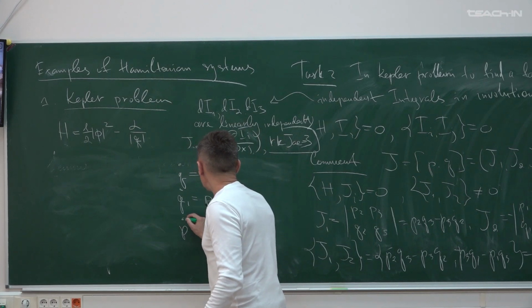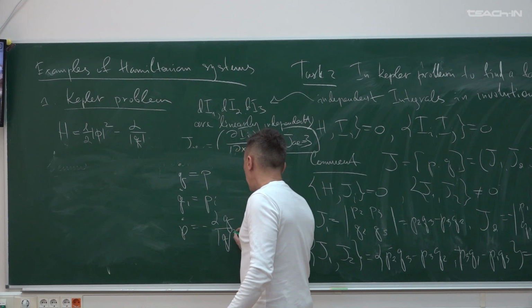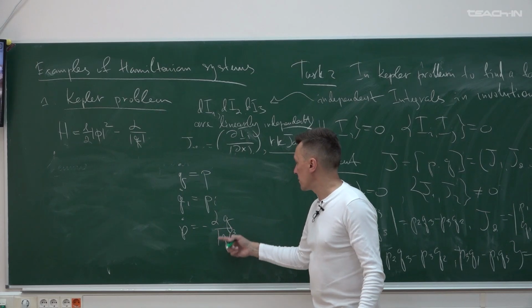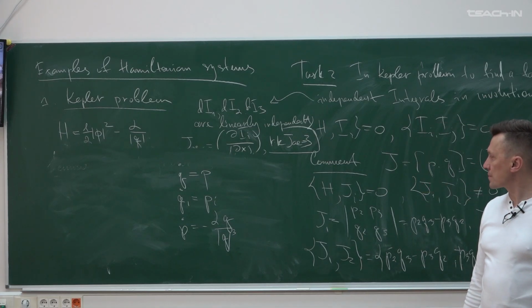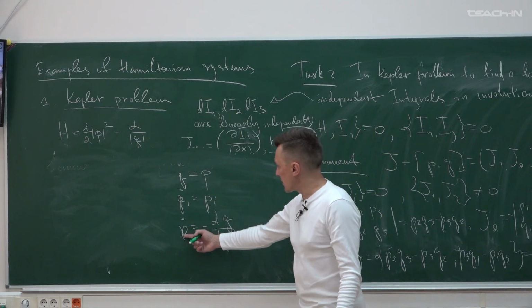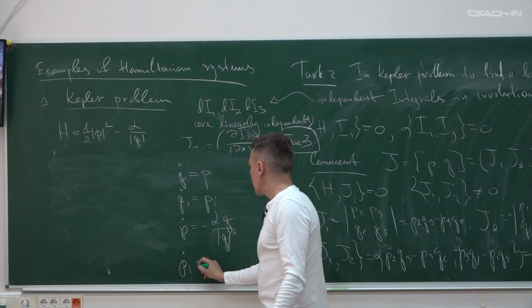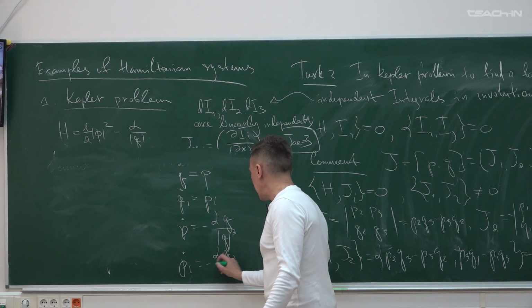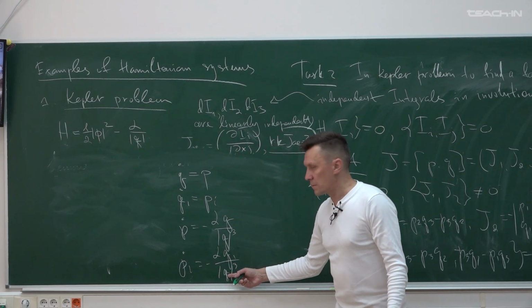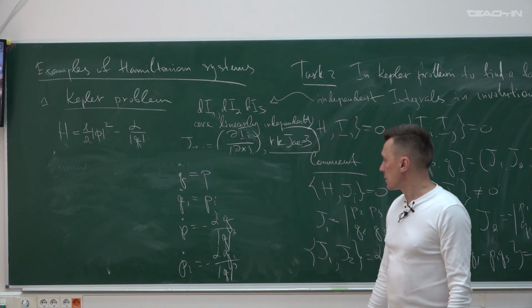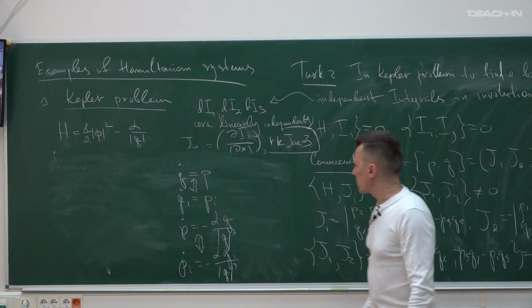And P dot is minus alpha Q over the length of the vector Q to the third power. It is the same as writing Pi dot equals minus alpha Qi over the length of the full vector Q to the power 3. It is just the equivalent form.